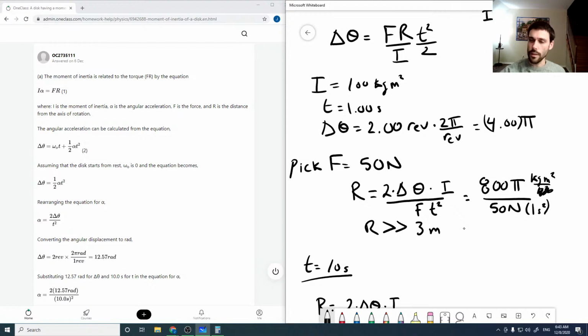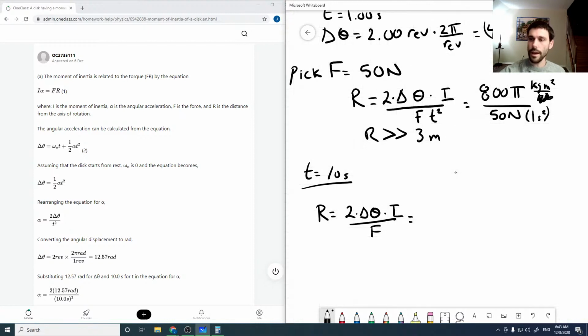So that would have just been the 1 there. So then now this is equal to 800 pi kilograms meters squared over 50 newtons, and put my t squared, times 10 seconds squared. Or that could have been 100 seconds squared, but if we run this through our calculator, then we get 0.503 meters.